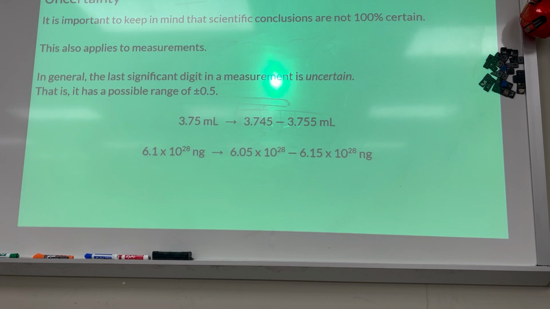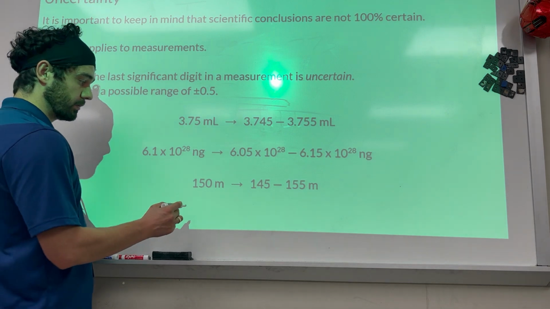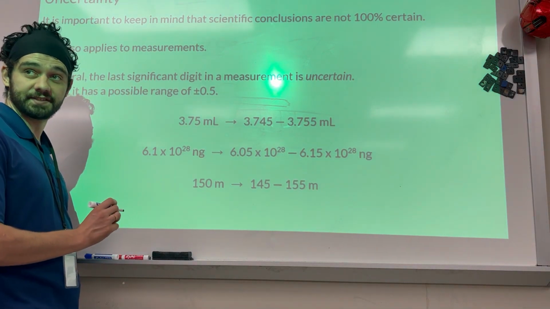This applies in scientific notation as well. You guys see that? Where's the uncertainty in 150 meters? What place value is uncertain? Is it the 1, the 5, or the 0? Where's my last significant digit?